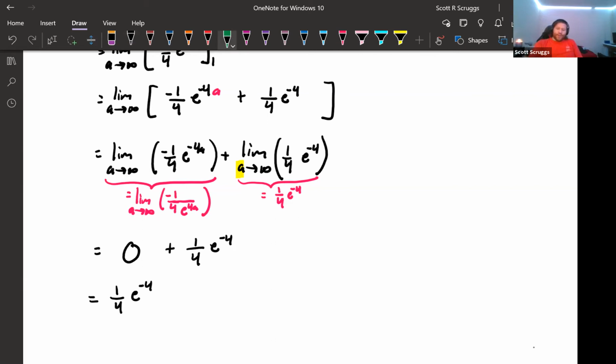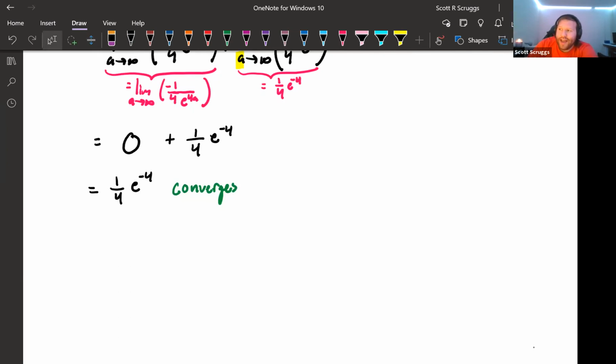So my improper integral converges. And like we stated with the integral test, whatever the improper integral does, the series will do as well. So since I converge, that means my series is also going to converge. So let's state that conclusion now.